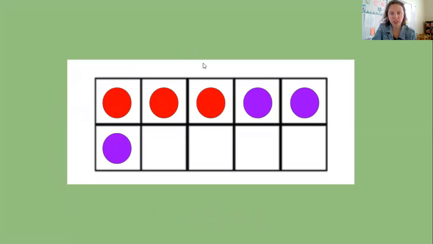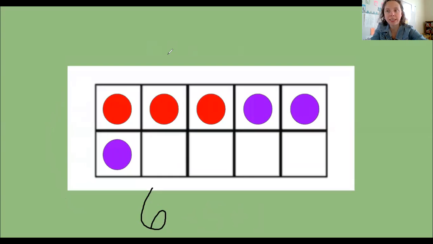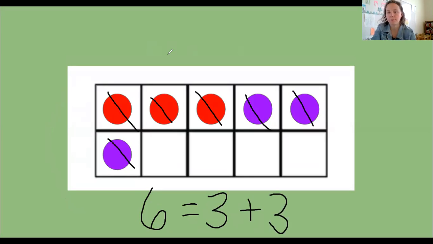Okay, not that much of a change, but let's take a look. We have 6 to start off. 6 is our answer, so 6 equals how many reds? 3 plus how many purples? 3.